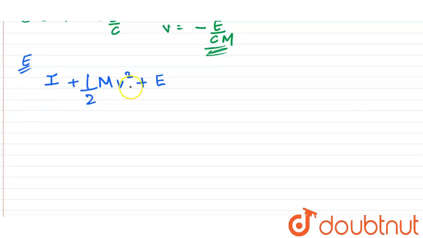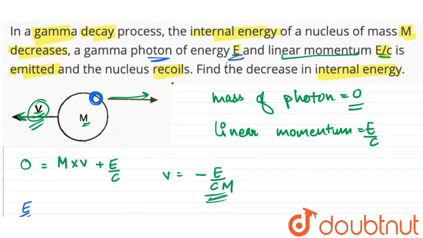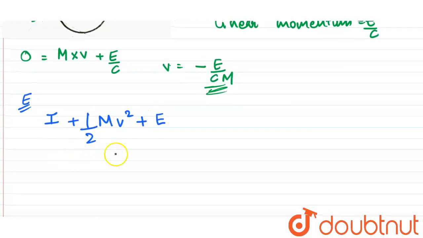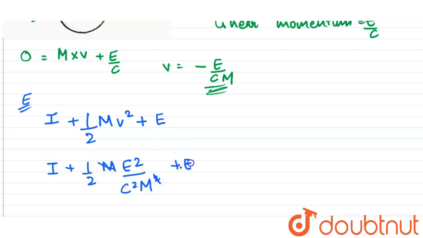So this is the energy at the time of the gamma decay process. Upon solving this, we get I plus half M v square can be written as E square upon C square upon M square, so this M gets cancelled out, plus E.